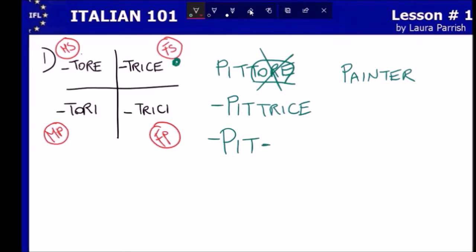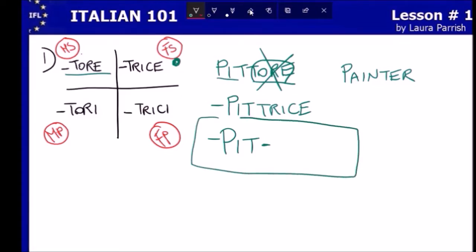You have the original word pittore, you cancel the desinence tore, and so you got the stem. After you have the stem, it is very easy. If you want to make it feminine singular, you're going to add these desinences. If you want to make it masculine plural, you're going to add these desinences. And if you want to make it feminine plural, you're going to add these desinences.